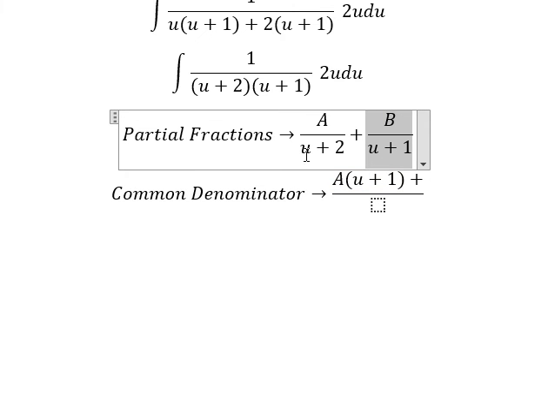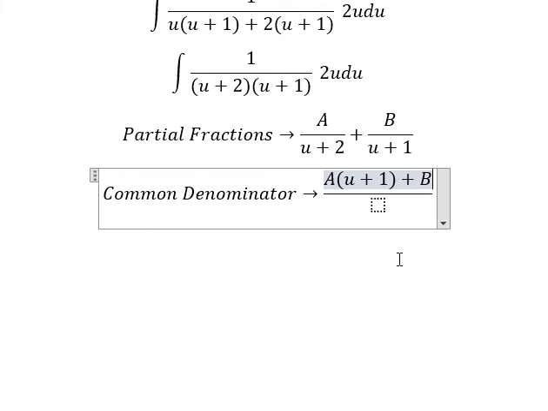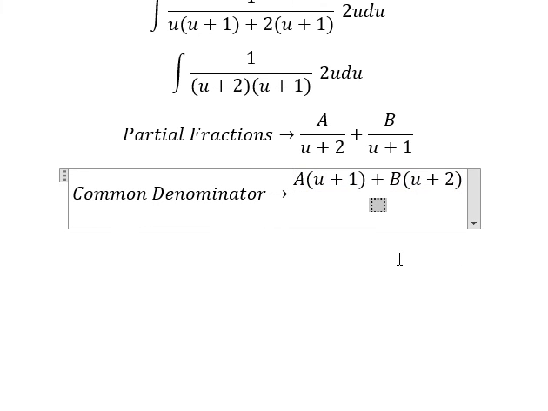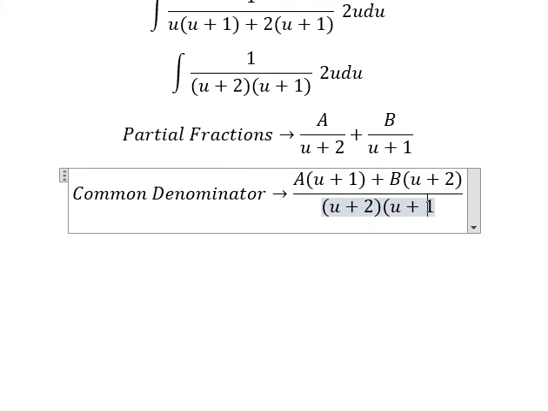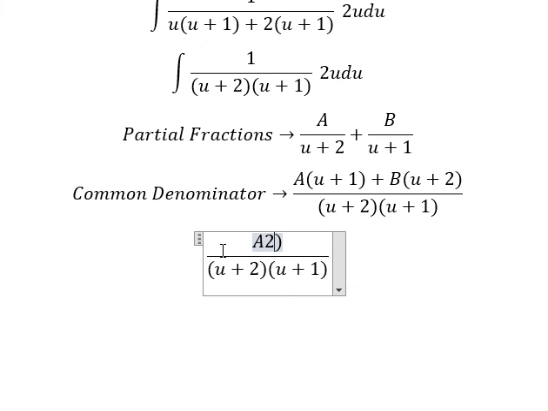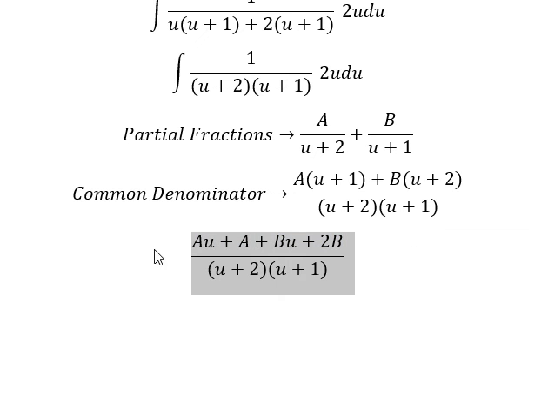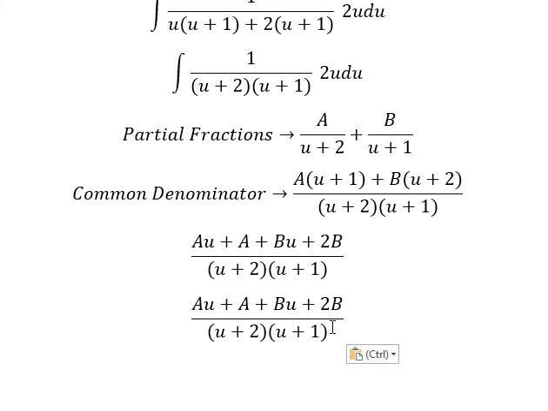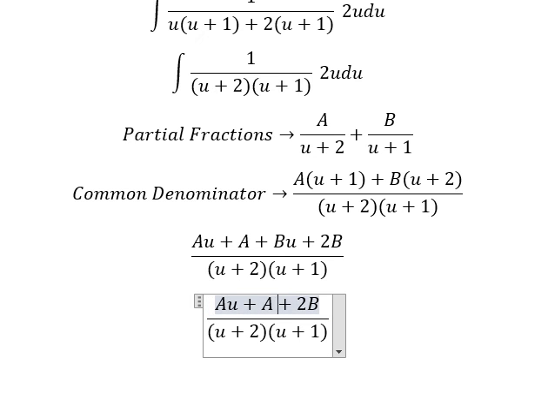About this one, it is missing u plus 2. Next, we need to expand. Next, we need to arrange based on the terms of u.